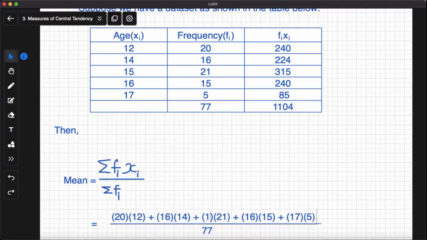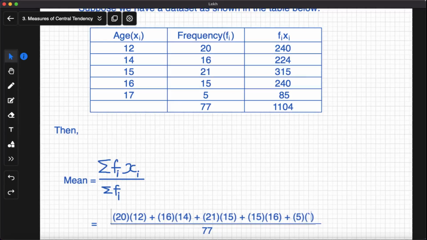The next one should be 15, 21 multiplied by 15. Then 15 multiplied by 16, and then finally 5 multiplied by 17.